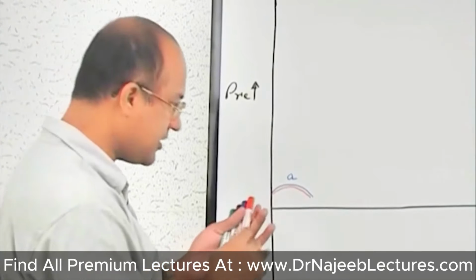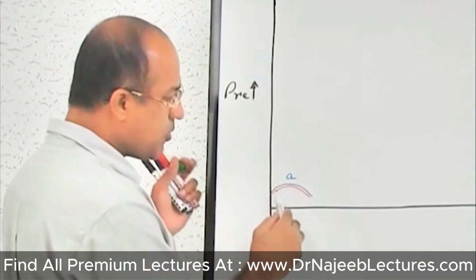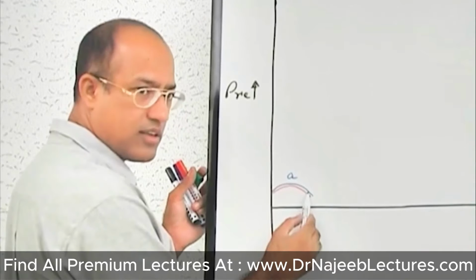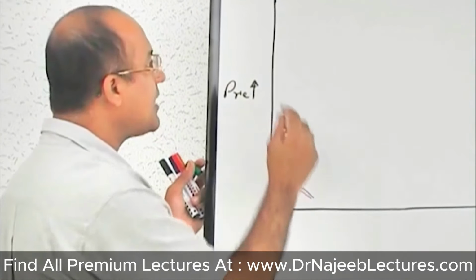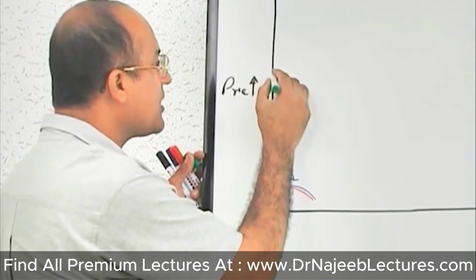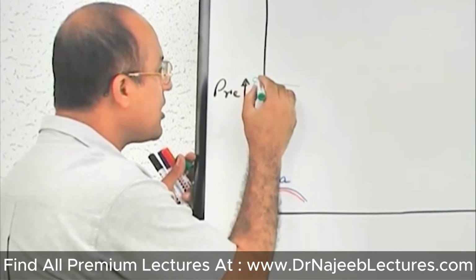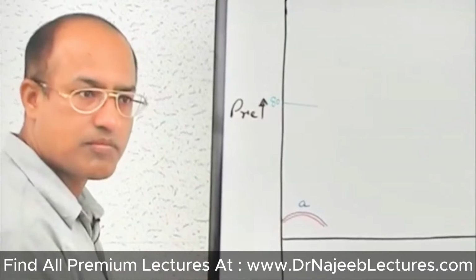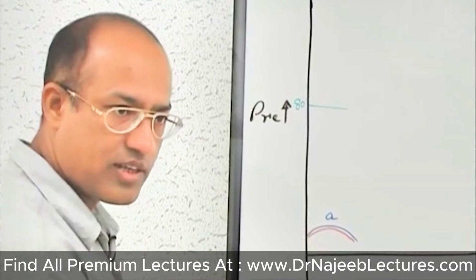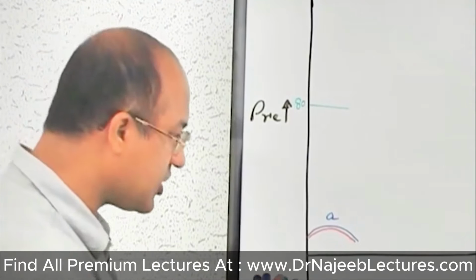Meanwhile, when atrial contraction is going on, at that very moment, the pressure in the aorta is about 80 millimeters of mercury. Is that right?